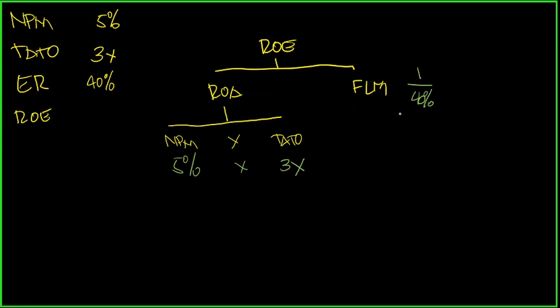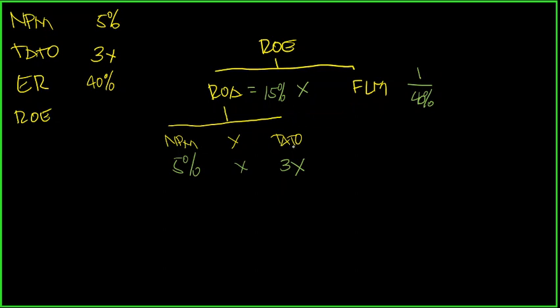Anyway, let's continue. What's 5% times 3? This is now 15%. And 15% times 1 all over 40%, or you could simply divide that by 40%.